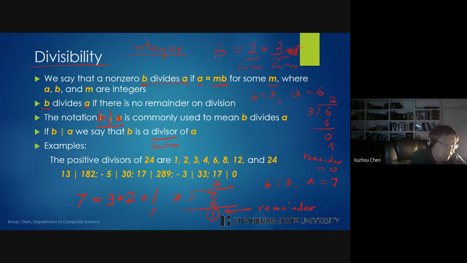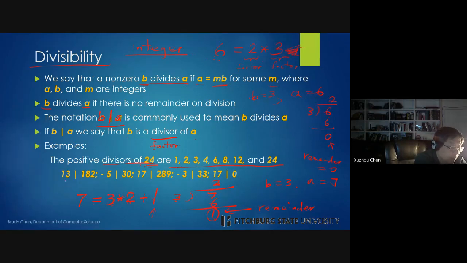Now, what are the positive divisors of 24? Every number that can divide 24: 1, 2, 3, 4, all these numbers can divide 24, including 24 itself. So these are all the divisors of 24.